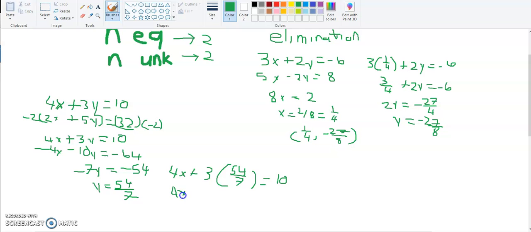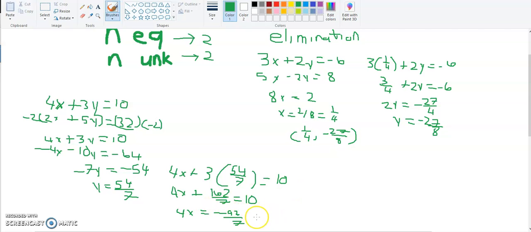So I have 4x plus 162 divided by 7 is equal to 10. 10 is 70 over 7, so if I subtract, I get 4x is equal to, that would be -92 over 7. Let me double check that.